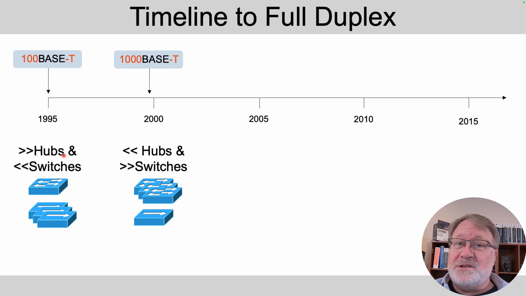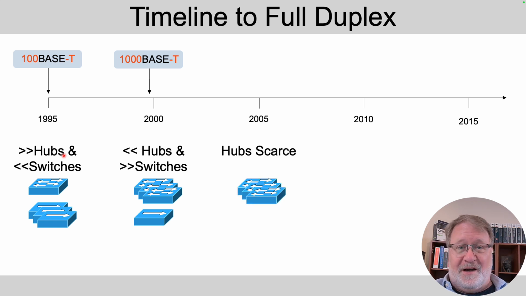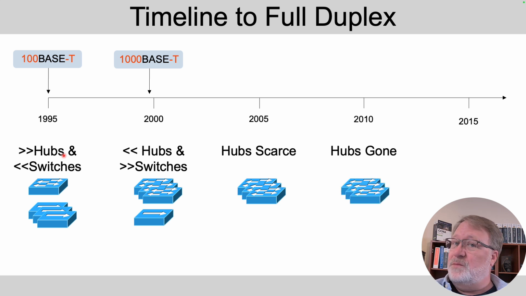And by the way, switch performance was way, way better than hubs, partly because of this whole duplex thing. So by the year 2005, you could barely find a hub to buy. Switch prices were even lower then. And by 2010, hubs had pretty much disappeared from the market. So here, I recorded this in 2025. These days, what you should expect are endpoints that can use full duplex, the switch ports to use full duplex everywhere.